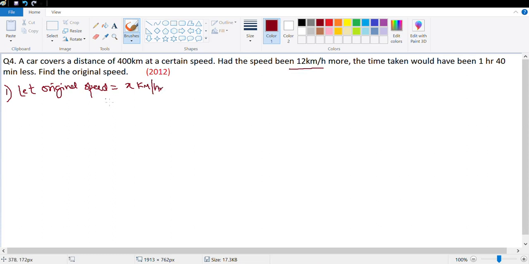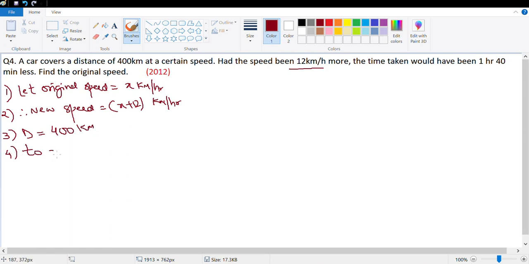Had the speed been 12 km per hour more, therefore new speed is equal to x plus 12 kilometer per hour. Distance is given equal to 400 kilometer, which means time original would be distance, which is 400 upon x, and time new is equal to 400 upon x plus 12.